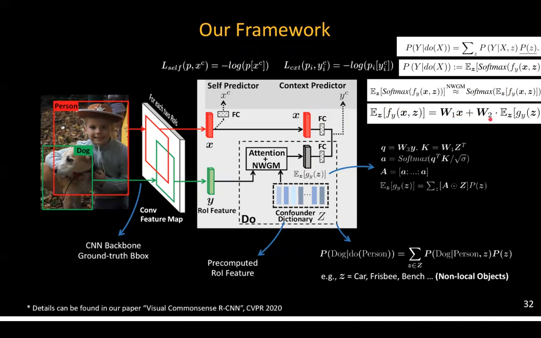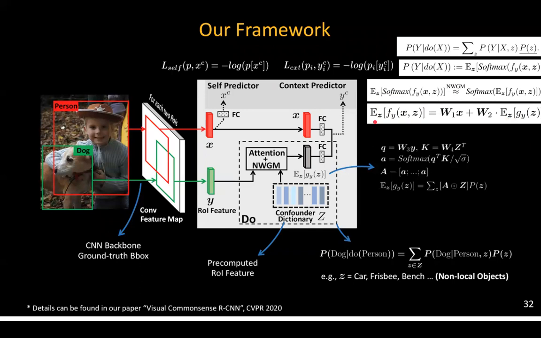And then W2, we know that in the second branch, this is the branch of y and z, so we denote it as W2 times Jy of z. Because if we take an expectation of Fy of x and z, this expectation is on z, so there's no expectation on the first term.